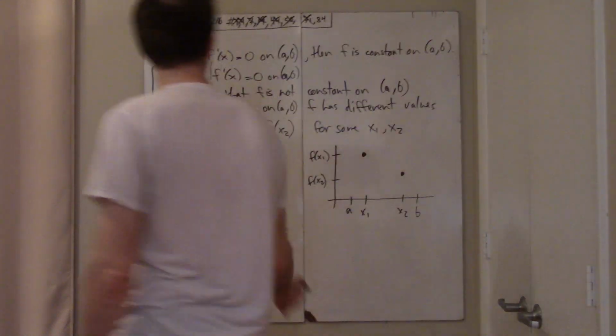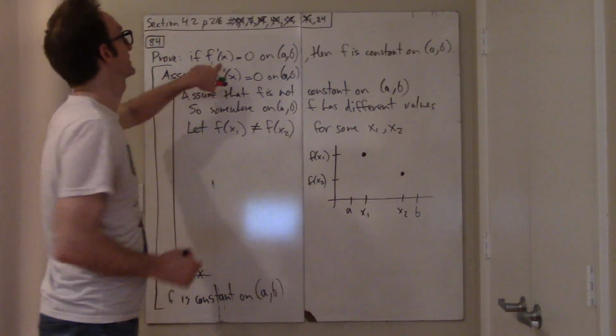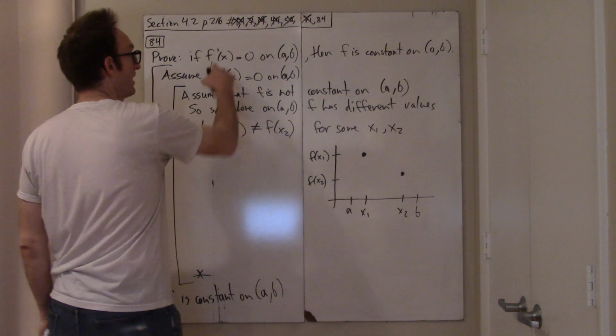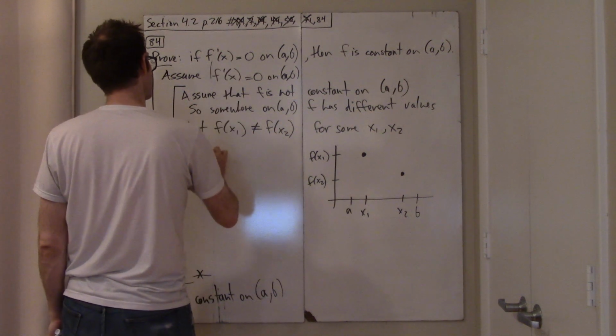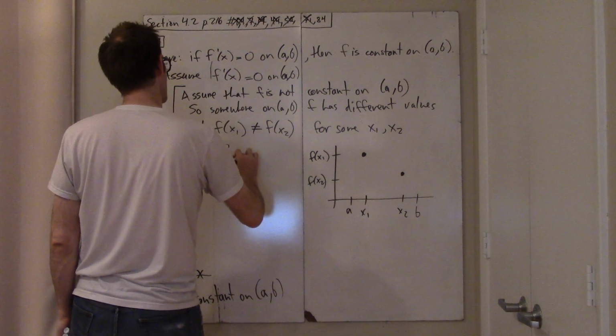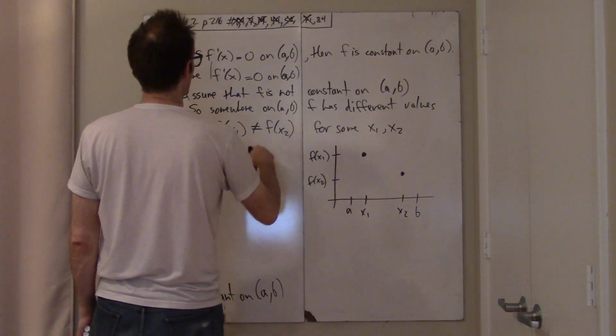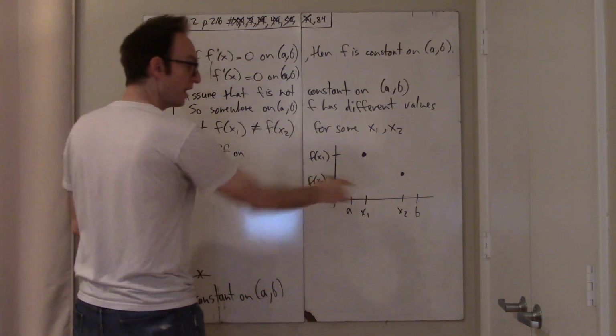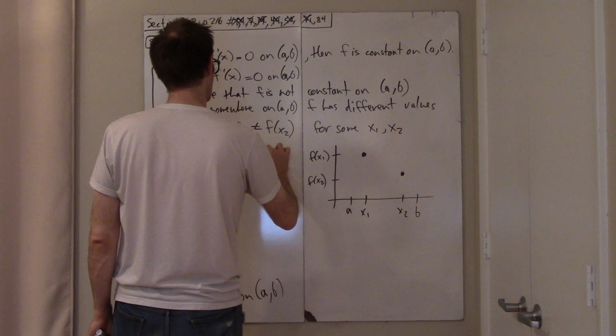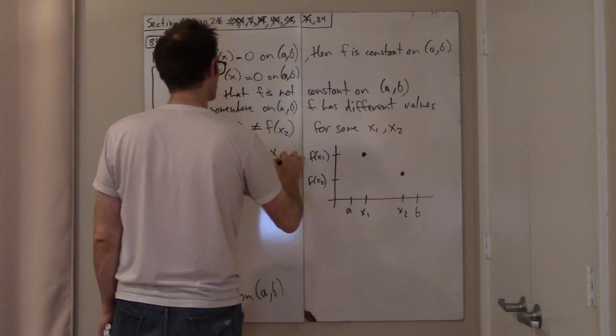The reason it's impossible is because this derivative is 0. And so f is differentiable on the interval x1, x2.